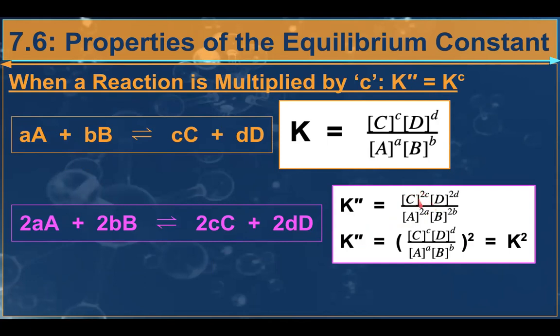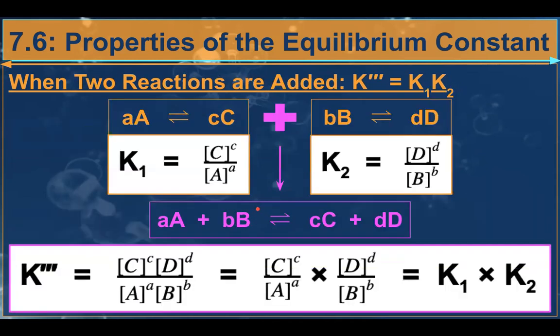Now everything has been multiplied by 2, therefore the exponent for each of these is going to have 2 in it. So we can factor that out and take our original equilibrium expression to the power of 2. Therefore, it would also be equal to K to the power of 2, because this is equal to K.